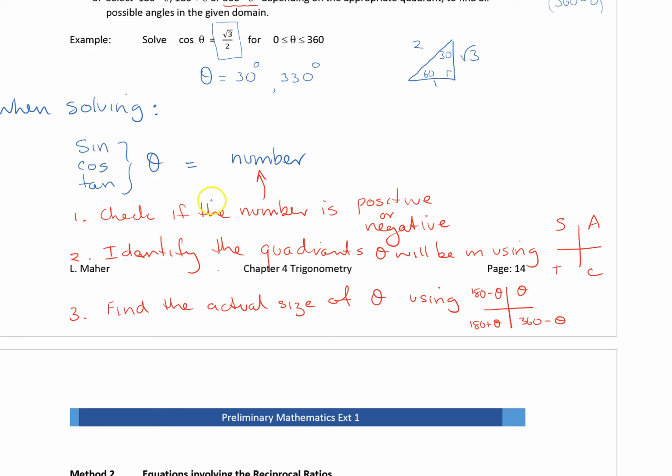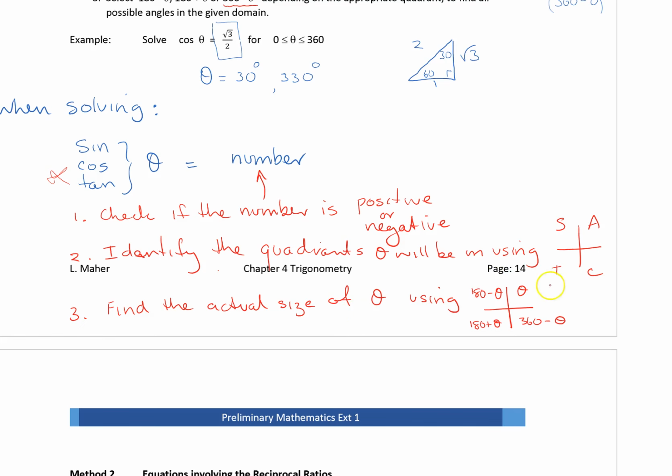What you do then is identify the quadrants that theta must be in using the ratio that's given here and this understanding that all trig ratios are positive in this quadrant, only sine is positive here, only tan is here, and only cos is here.